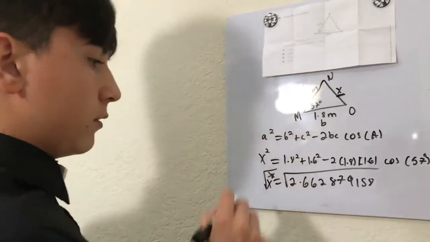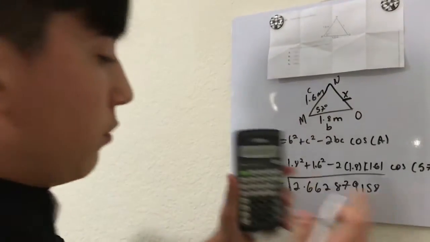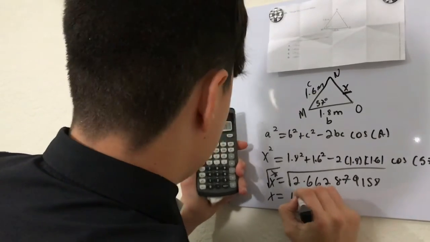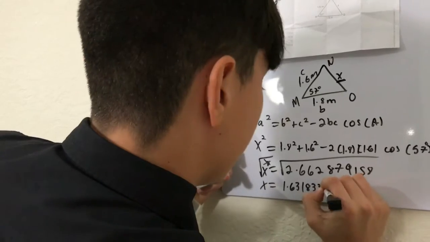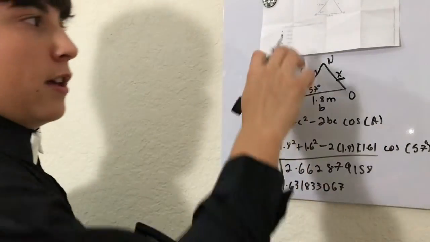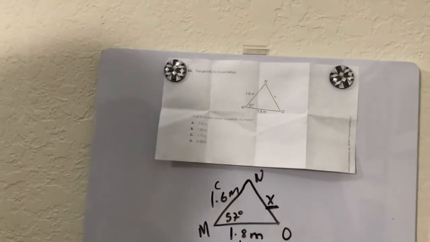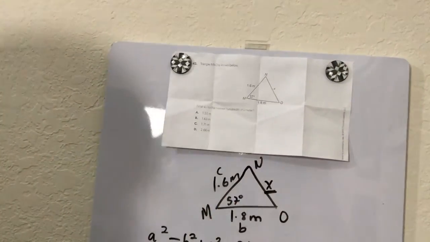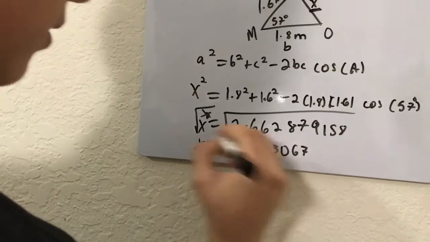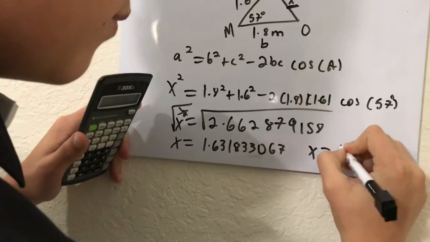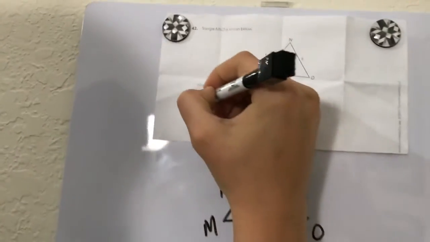That will be x equals the square root of this, which would be 1.63183306. If we look at our possible answers, it says to round to the hundredth of a meter. If we round to the hundredth of a meter, x equals 1.63, which would be answer B.